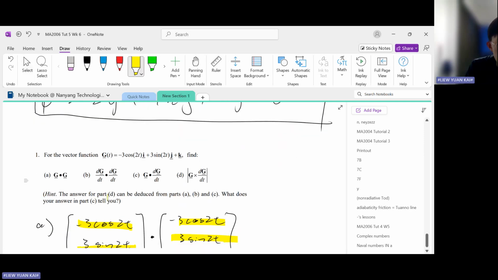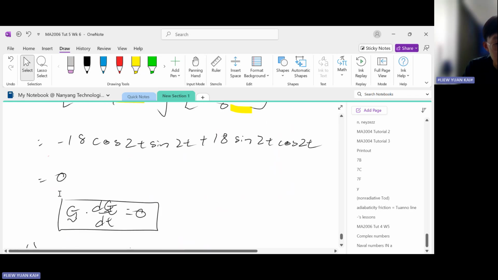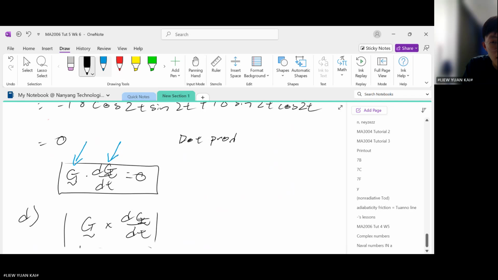Hint. The answer for part D can be deduced from A, B, and C. What does your answer in C tell you? So let's look at our answer in C. Remember that we found in C, the dot product of these two vectors is equal to 0. This vector dot product with this vector is equal to 0. Do you remember last class? I said an important theorem. The theorem states that the dot product of two perpendicular vectors is equal to 0.